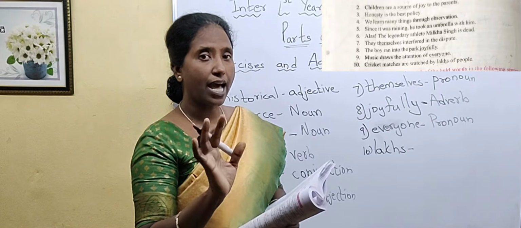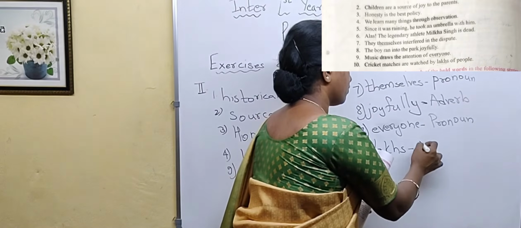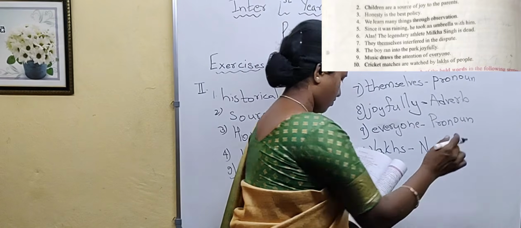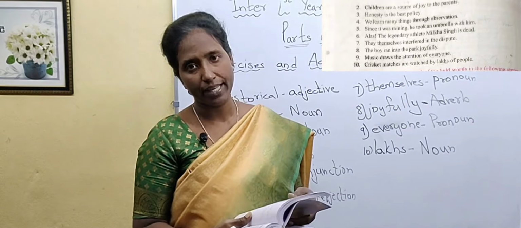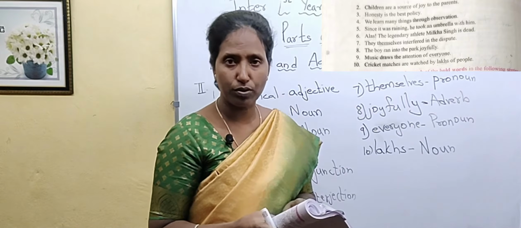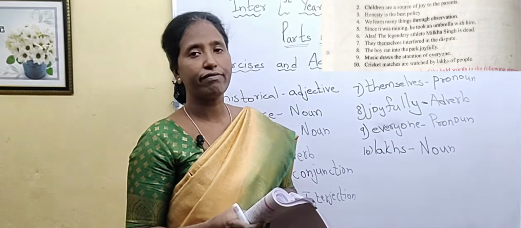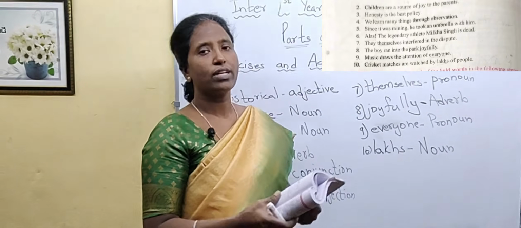But here it is lakhs of people. If it is immediately followed by the noun, we can say it is an adjective, but here you have the preposition, lakhs of people, so it is a noun. I think you could understand this.